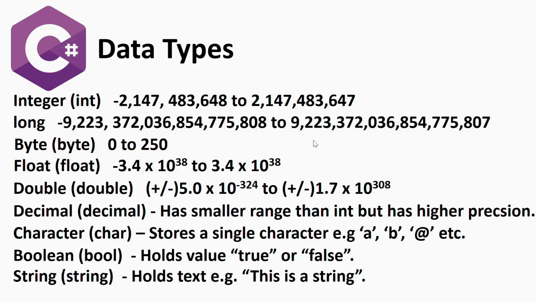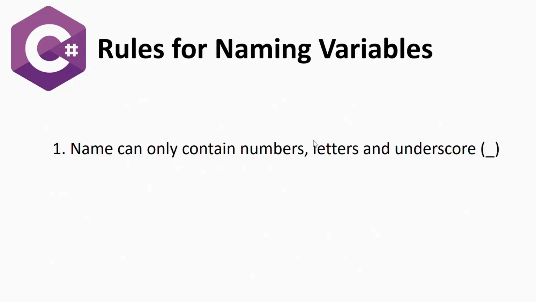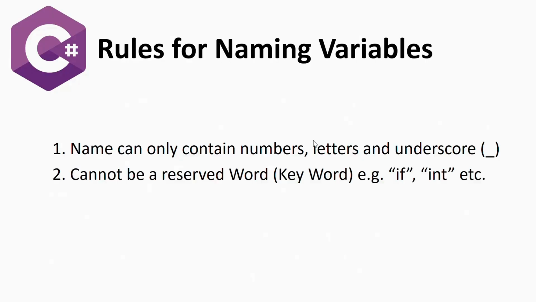Now let's look at the rules for naming variables. Number 1, a variable name can only contain numbers, letters, and underscore. No other special characters, just numbers, letters, and the underscore. Number 2, a variable name cannot be a reserved word or keyword.